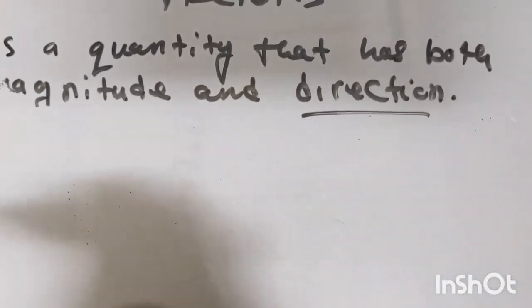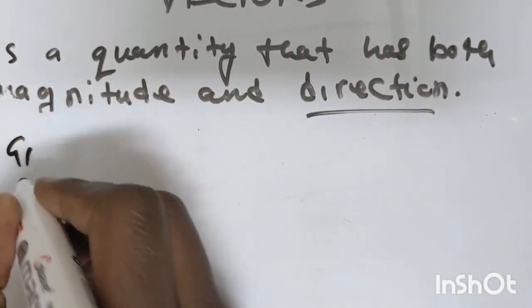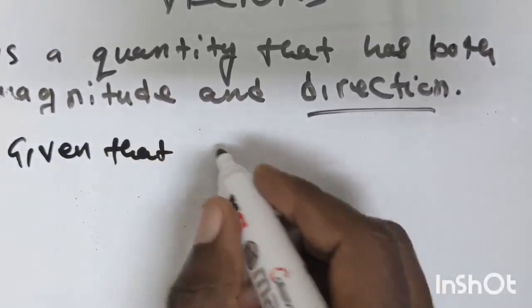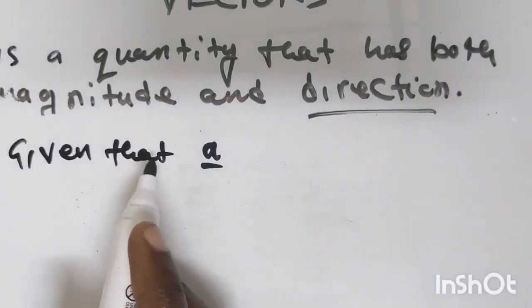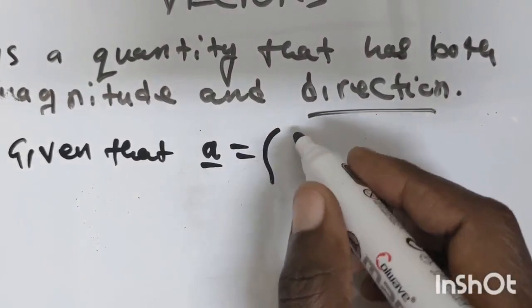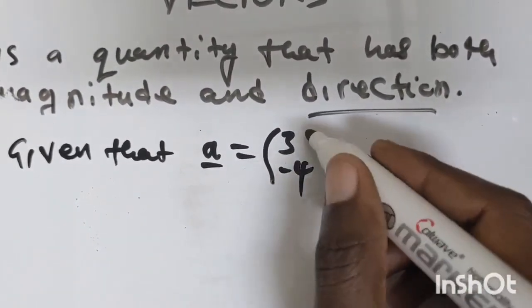So this question came from a past paper, 2017 GCE paper 1. Given that vector A, I said that vectors can be represented as this one, is equal to (3, -4), like that.